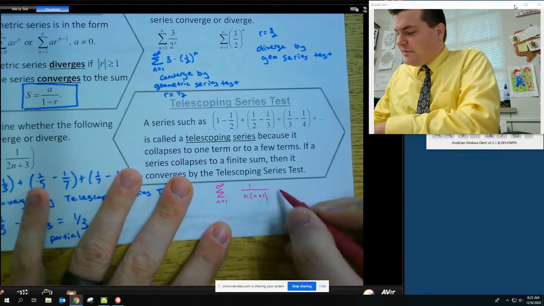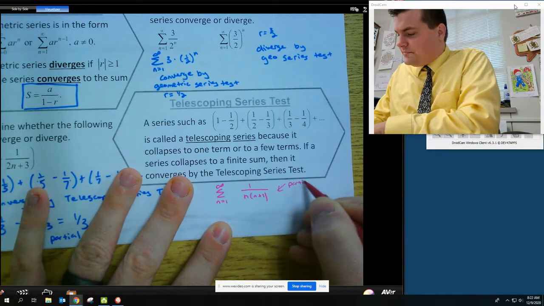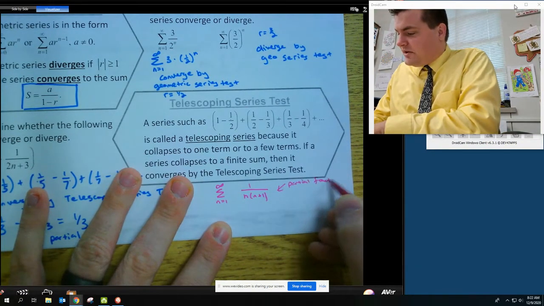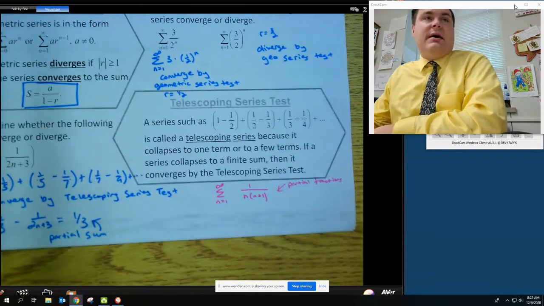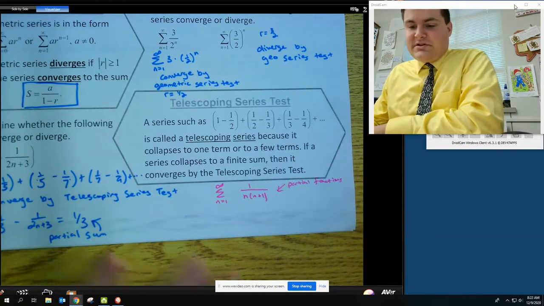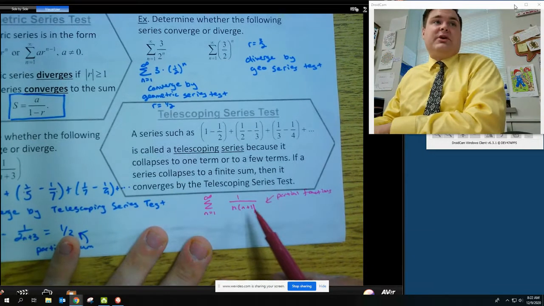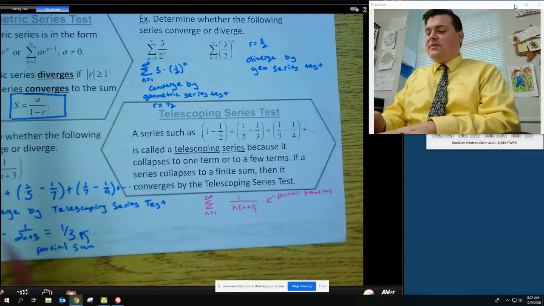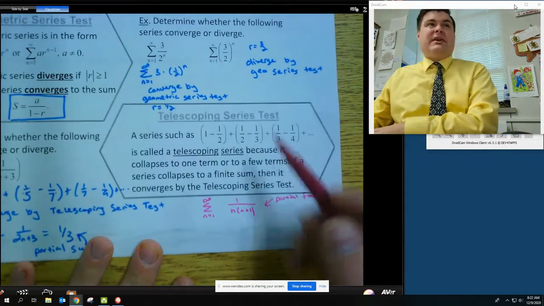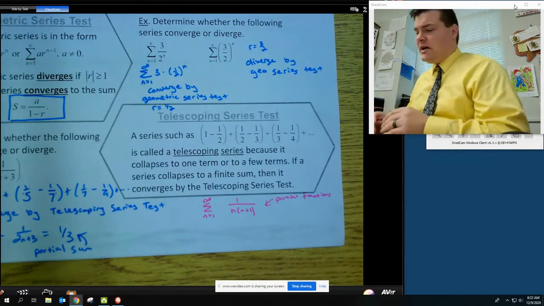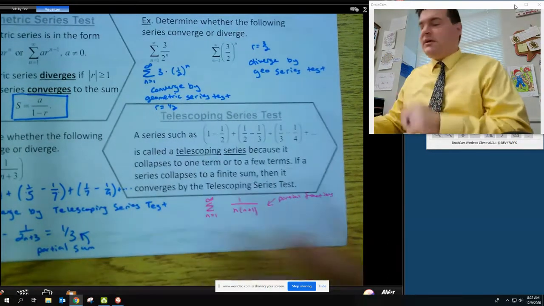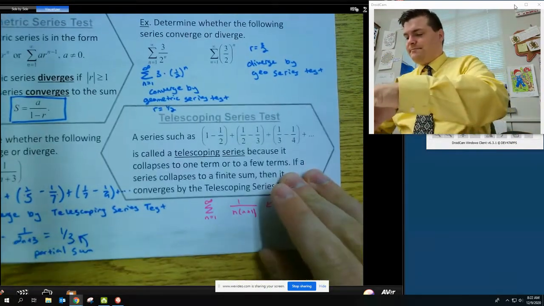You would have to use partial fractions on this to figure out that this one is telescoping. So I'll leave you to do that one on your own. You just do partial fractions, then you can figure out that it is telescoping. So that is where telescoping can be a little bit on the tricky side. Otherwise, it's pretty straightforward, just plugging stuff in. Okay.